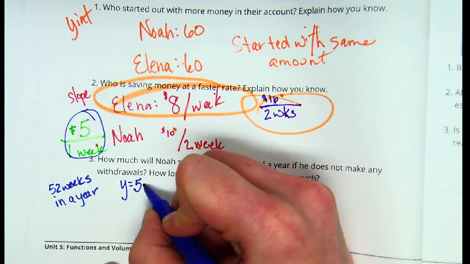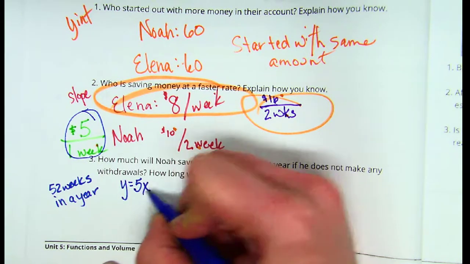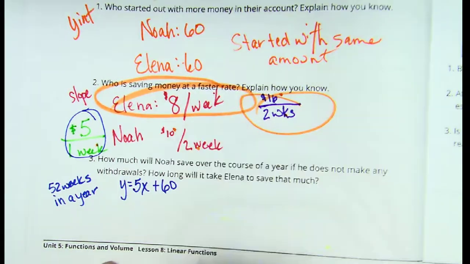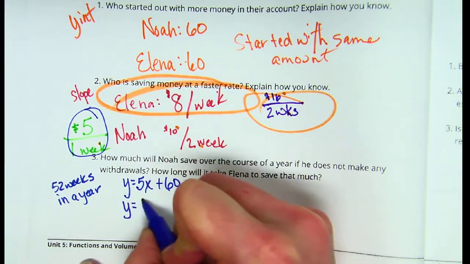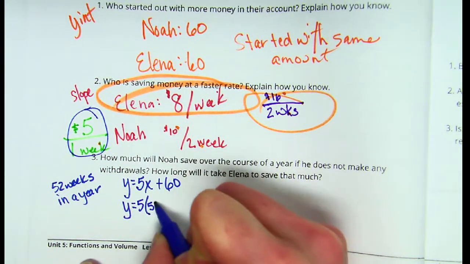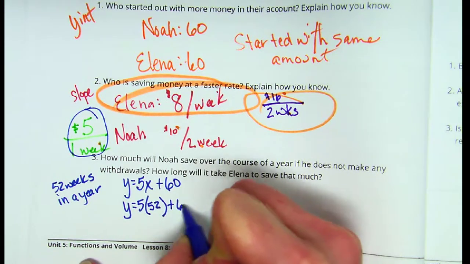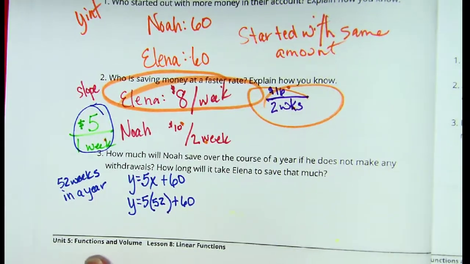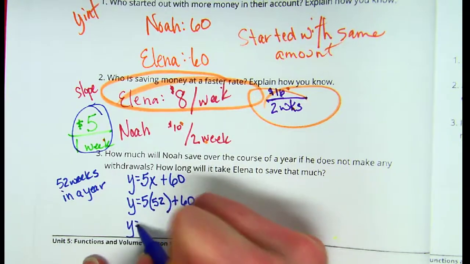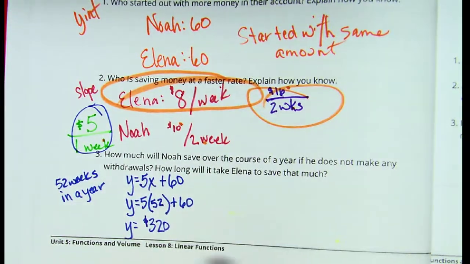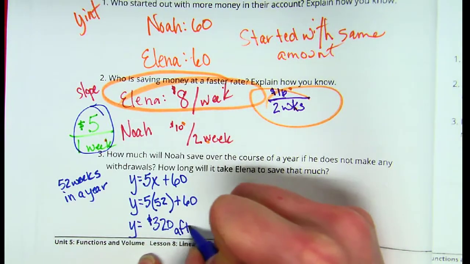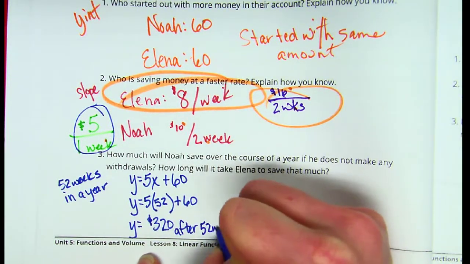He saves $5 every week. He already had $60. We're going to this time take 5 and multiply it by 52 weeks plus the 60 he already had. When you put that into your calculator, he's going to have $322 after a year, 52 weeks.